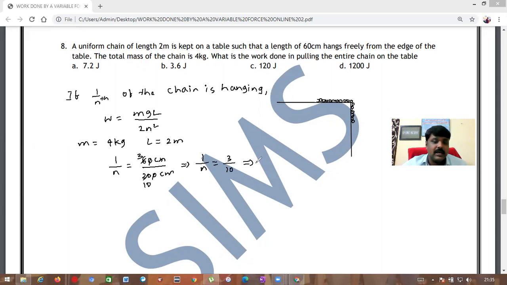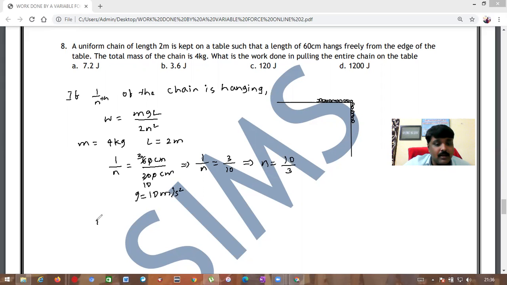By doing the invertendo, we get n value as 10 by 3. Let us substitute the value of n in the given formula. As the difference between the options is quite large, let us take the value of g as 10 meters per second square only.